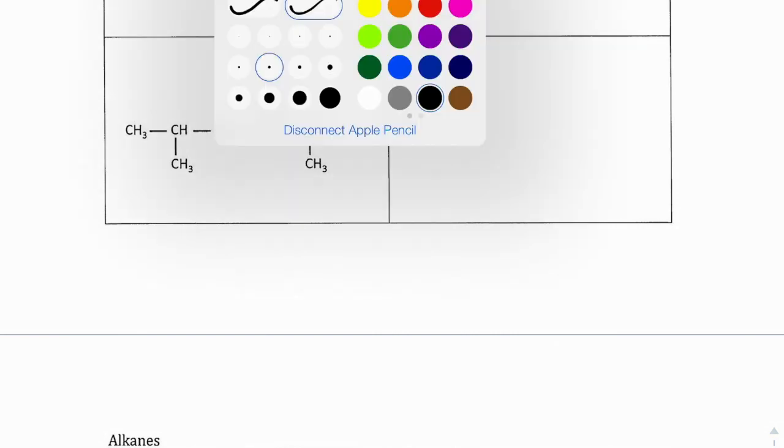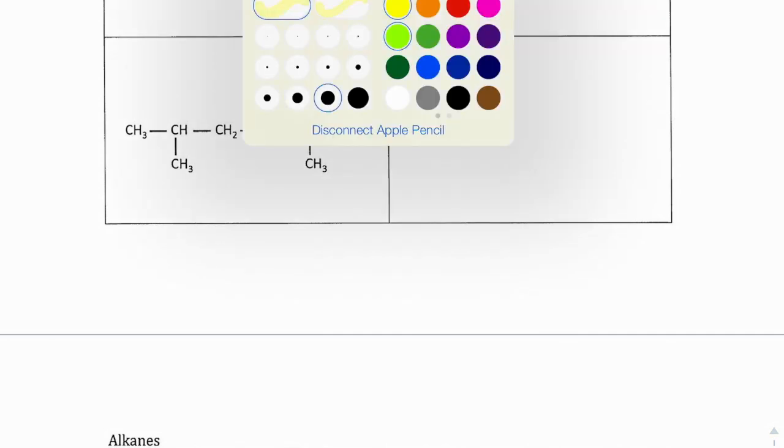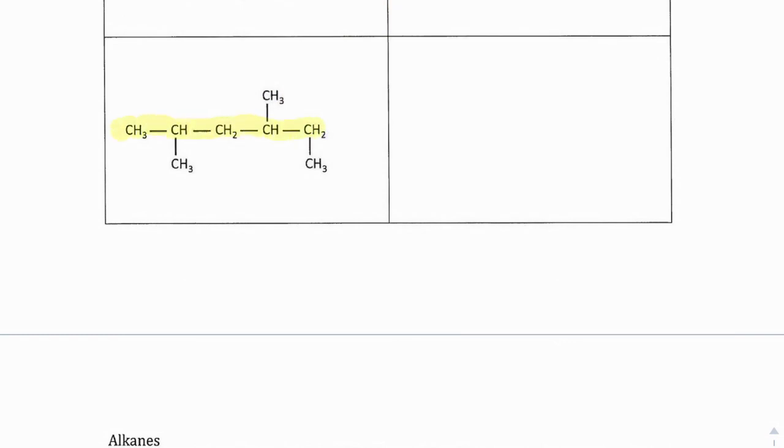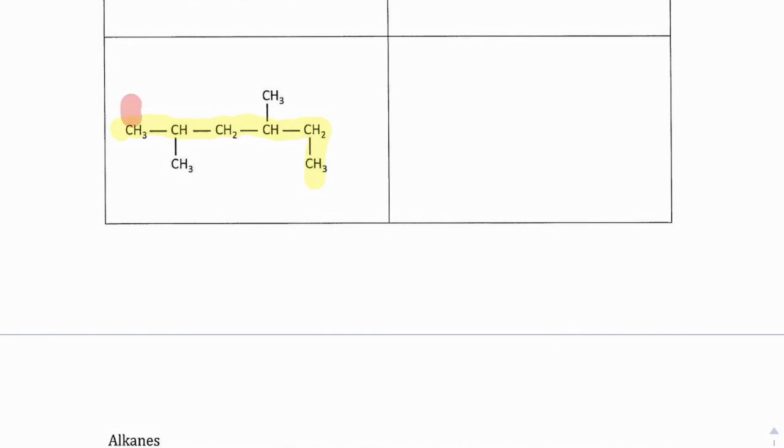Let's start off with numbering this. First, I have to find the longest carbon chain. Off the bat, it's gonna be this chain right here. I think that's kind of clear. But now I have to ask myself the second rule: which one gives me the lowest carbon count? Well, the lowest carbon count I get right here.